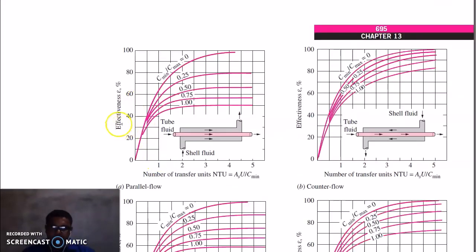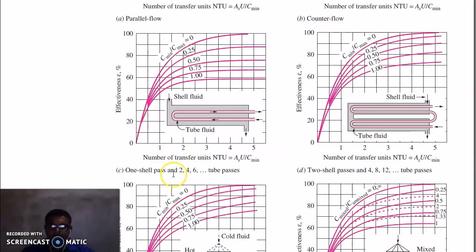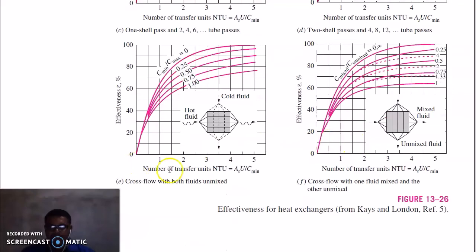Now this graph is between effectiveness and NTU for different values of this ratio c for parallel flow, and this is for counter flow. This is for effectiveness, the ratio c, and the number of transfer units for different values of c. It is for one shell pass and 2, 4, 6 tube passes, and the same way different graphs are given here. This is for cross flow with both fluids unmixed. This is cross flow with one fluid mixed and the other unmixed.